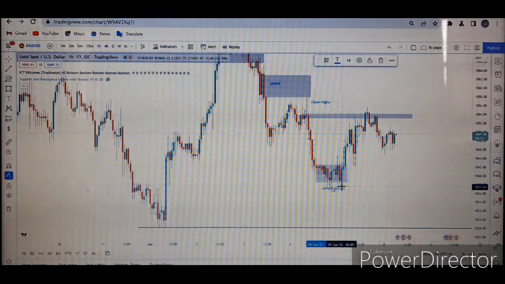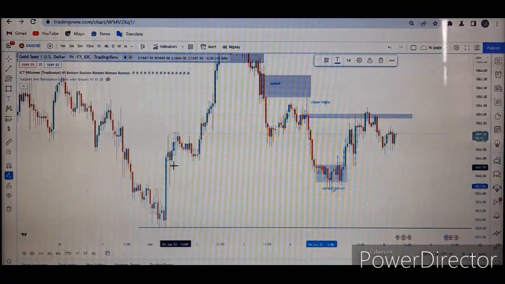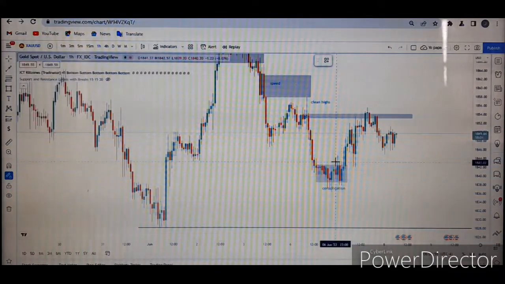After having this consolidation, you have to look at what was on your left side when this consolidation happened. On my left side, we had a liquidity void that was mitigated. So we had this consolidation, and the market did an expansion.